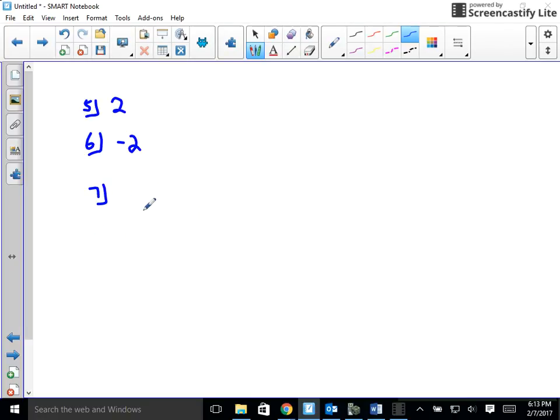Number 7, I'm going to rewrite that a little bit, and that's going to be the 5 log base 13. And what I'm going to do is that the cube root of 169 is 169 to the 1/3 power. Okay, so I'm changing the cube root to the 1/3 power. Also, that 169 is actually 13 squared. So what I've got is this 13 squared is 169, and that's all taken to the 1/3 power.